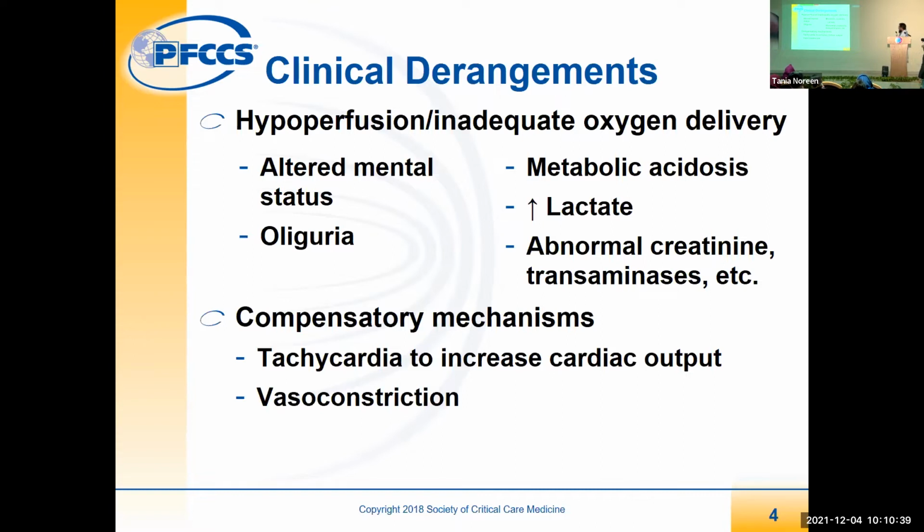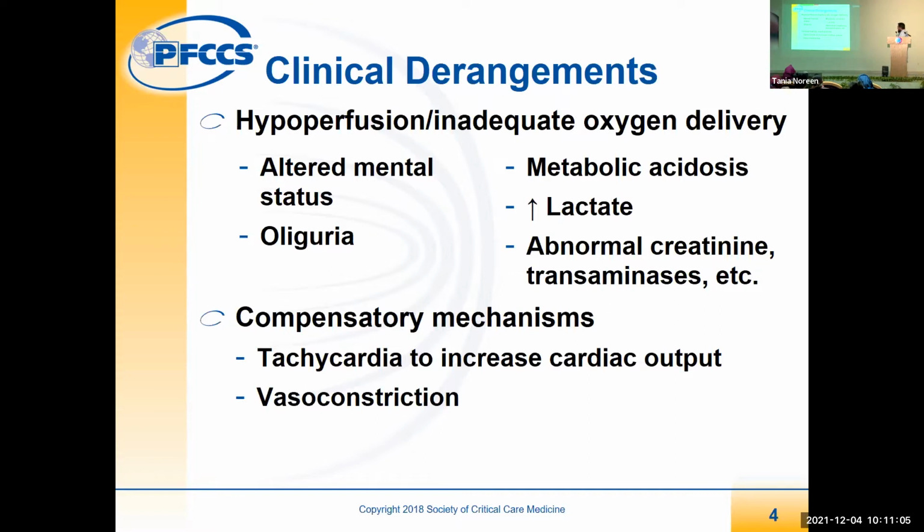And oliguria: whenever the patient goes into shock and the supply is inadequate for any reason, the urine output is affected first. Metabolic acidosis, of course, we know: whenever aerobic metabolism is compromised, the end result will be anaerobic metabolism that will ultimately lead to lactic acidosis.